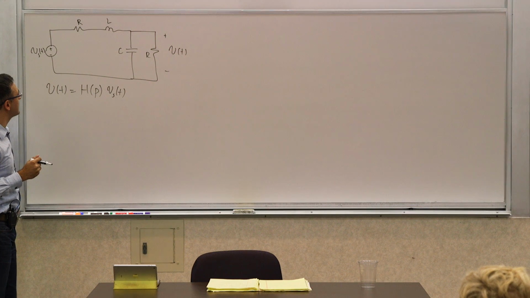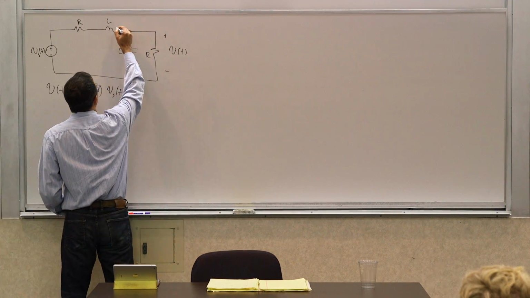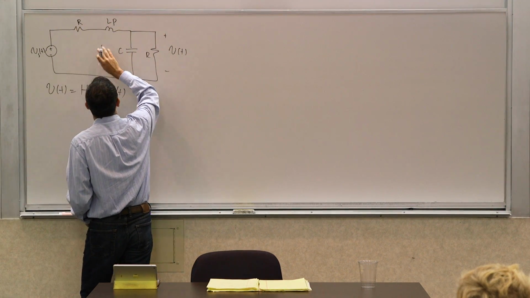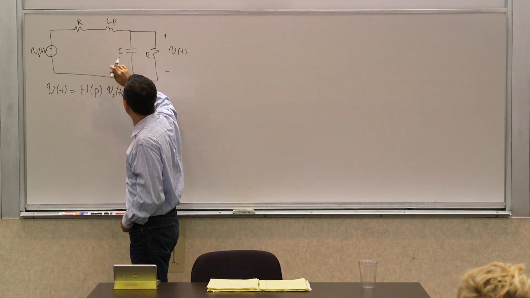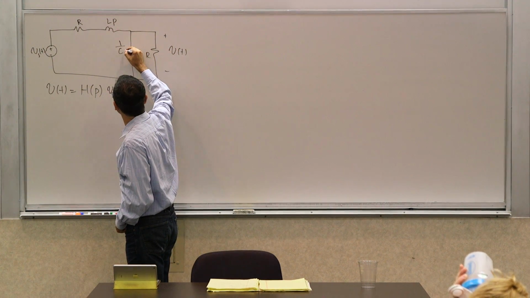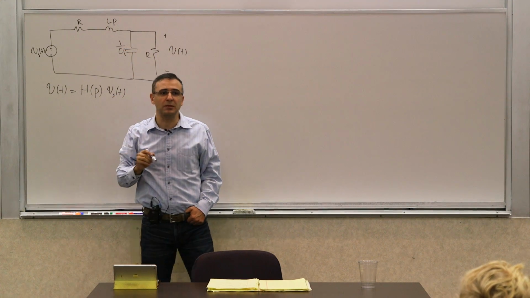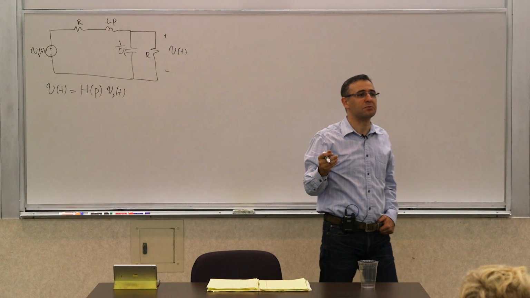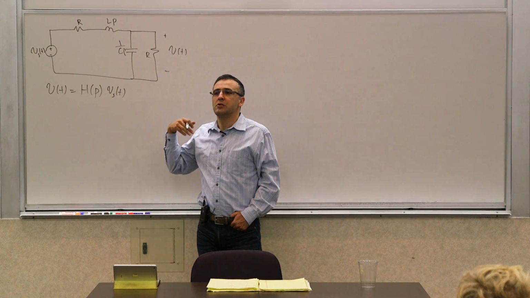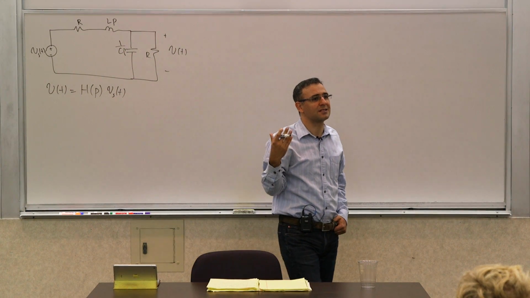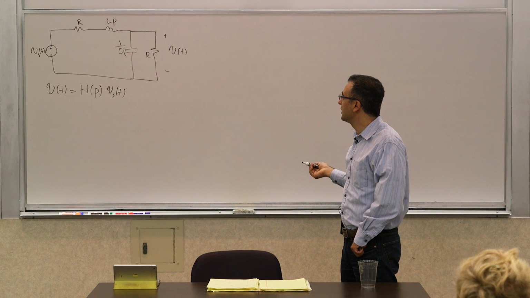The way to do it is, because of that relationship, you can think of this as a resistor whose value instead of being R is Lp, and you can think of this as a resistor whose value is 1 over Cp, or a conductor whose value is Cp. If you do that, you can treat it like a resistive network and do whatever you did for the resistive network.